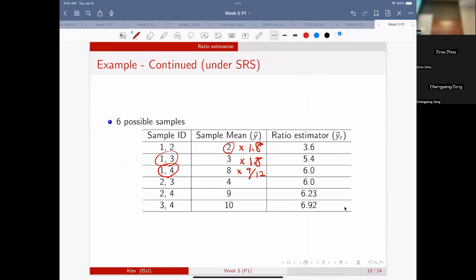Again, population mean in the numerator and sample mean in the denominator. Okay. So you can see that the sample mean is just obtained from the sample, but this adjustment factor changes with your sample x values.